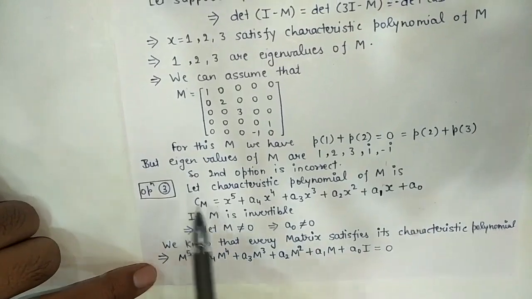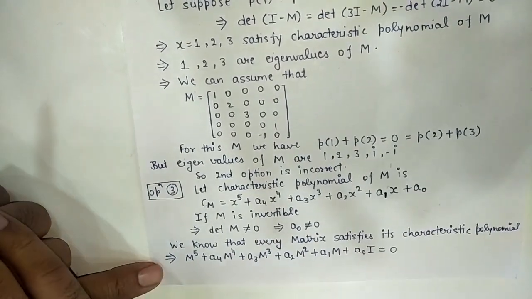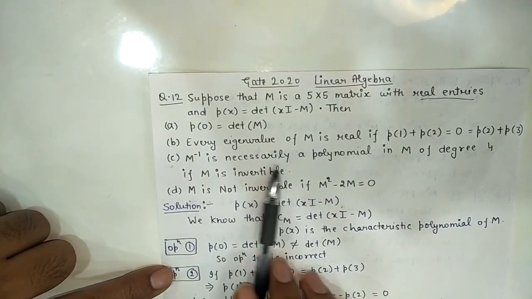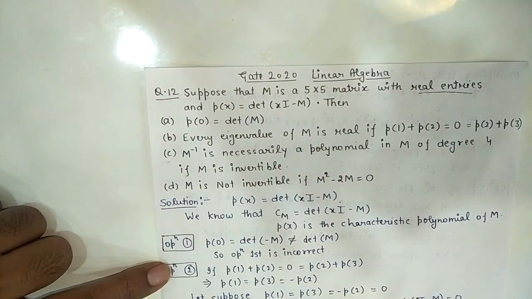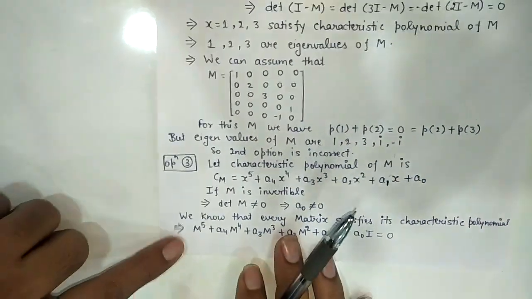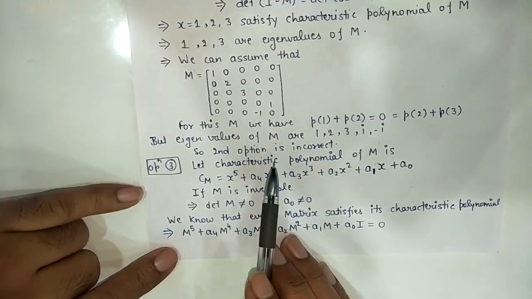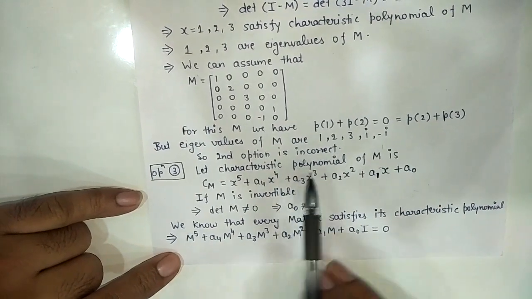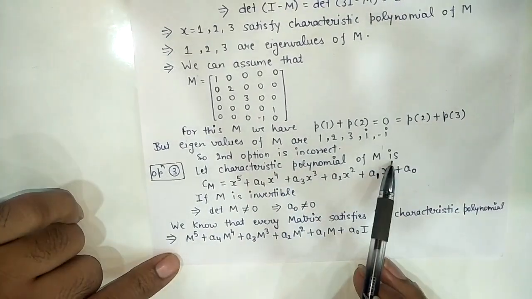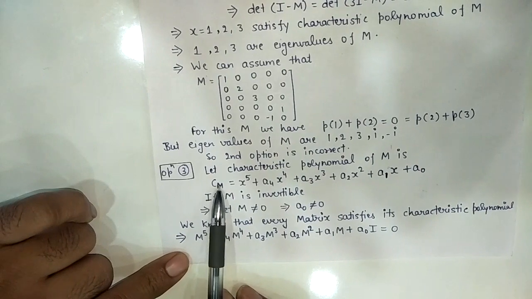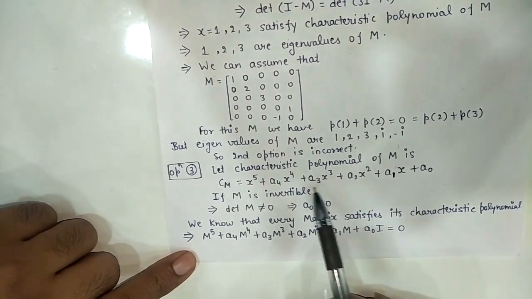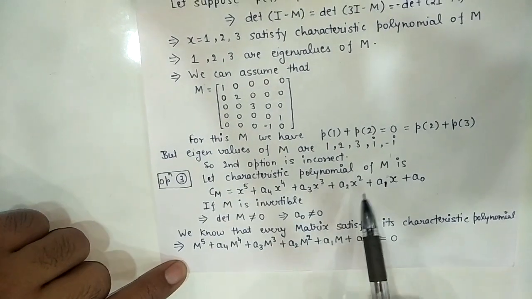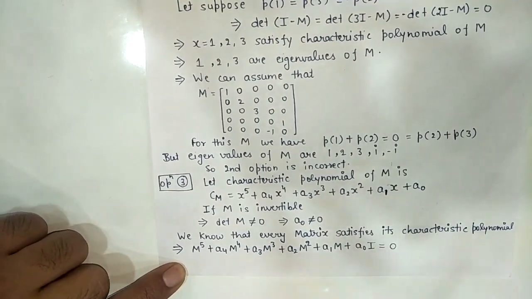Now we come to the third option. Here it is saying that M inverse is necessarily a polynomial in M of degree 4 if M is invertible. So let the characteristic polynomial of M be x to the power 5 plus a4 x to the power 4 plus a3 x cube plus a2 x square plus a1 x plus a naught.